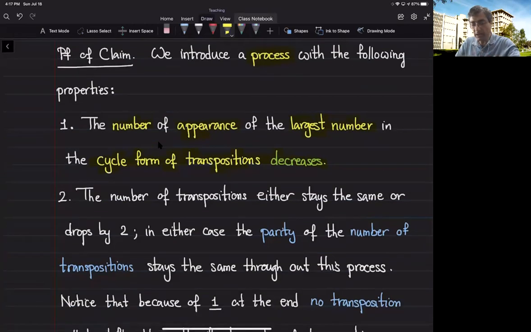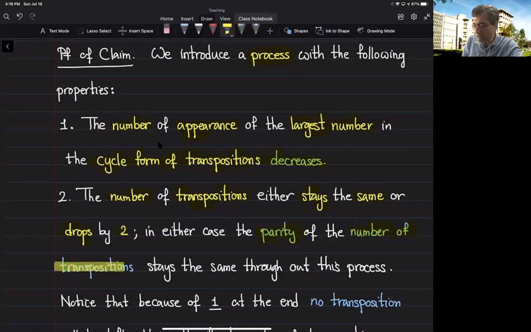At the same time, I make sure that the number of transpositions either stays the same, and therefore its parity doesn't change, or it drops by 2, and therefore its parity doesn't change. So in either case, the parity of the number of transpositions does not change.